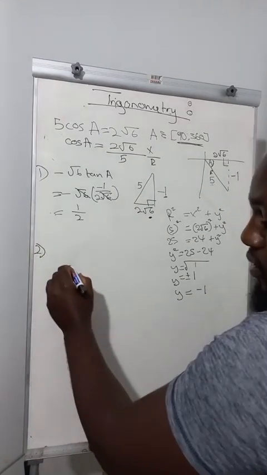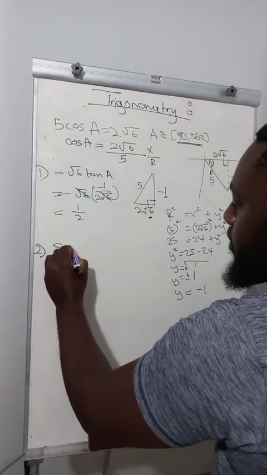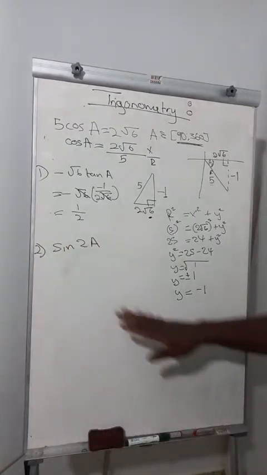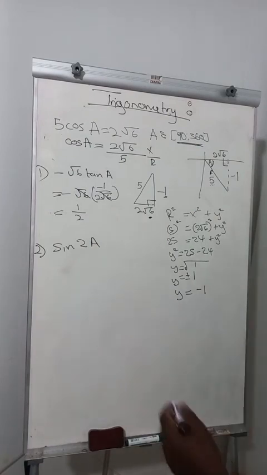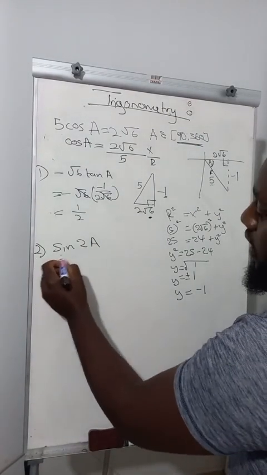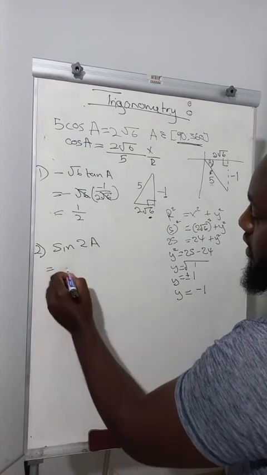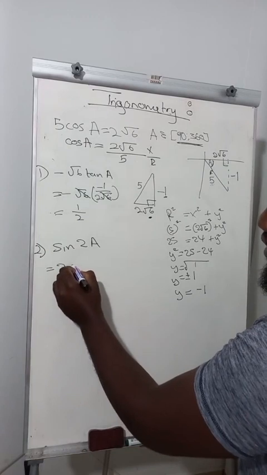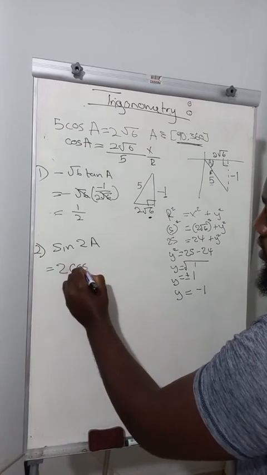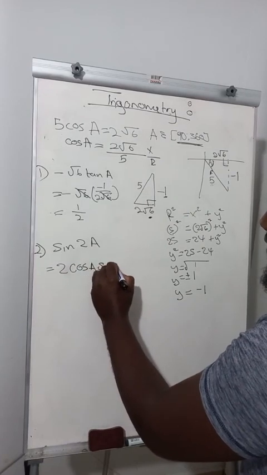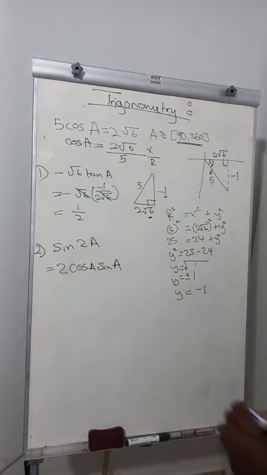And then now, you get something like this: sine 2a. So when you're given such a thing, you need to rewrite it. You can choose to simplify this and rewrite it as a compound: 2 cos a multiplied by sine a, if I'm not mistaken.